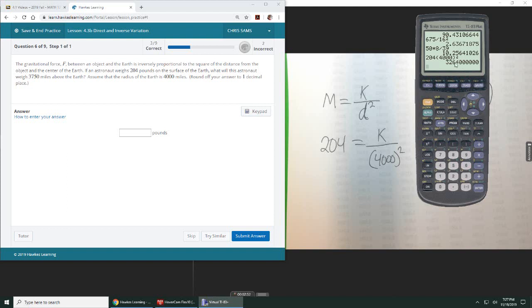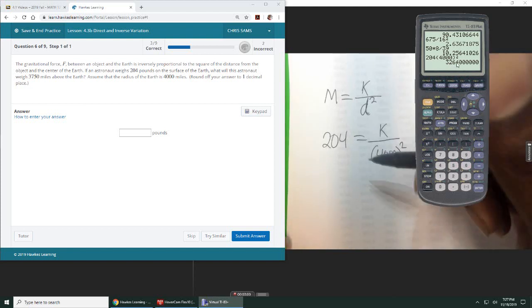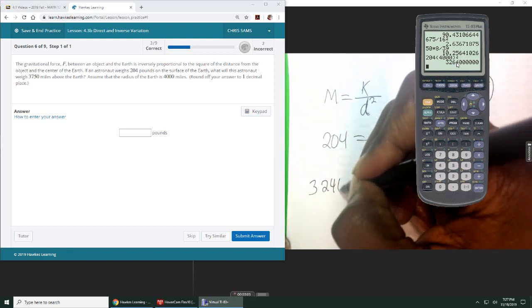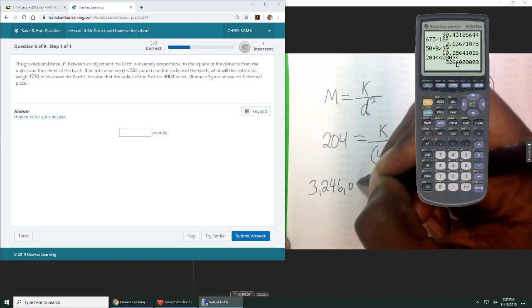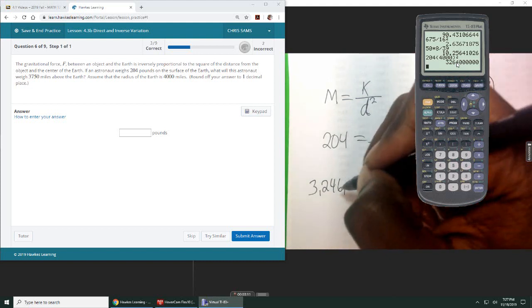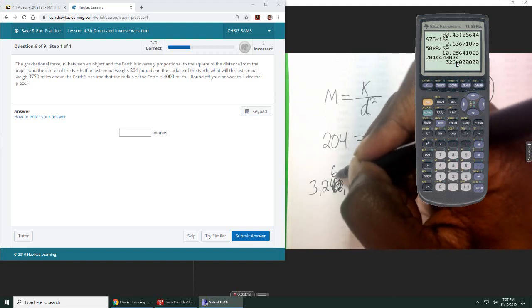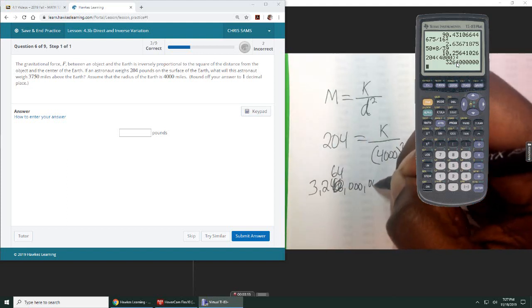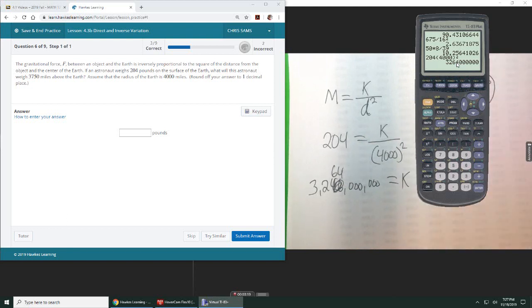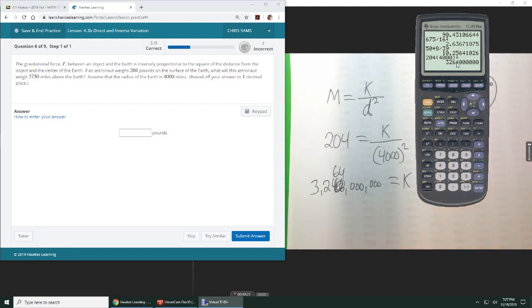So we're in billions. 3,264,000,000. I am dyslexic. 3,264, sorry, million. This is equal to K. This is my K value. All right. Let me move this calculator out of the way now.